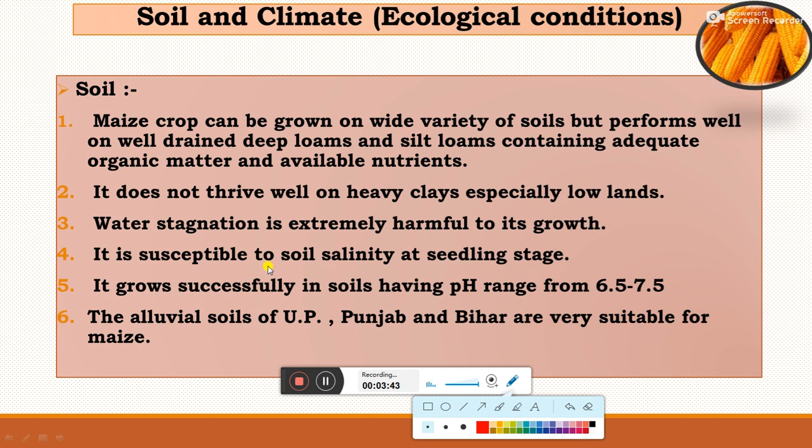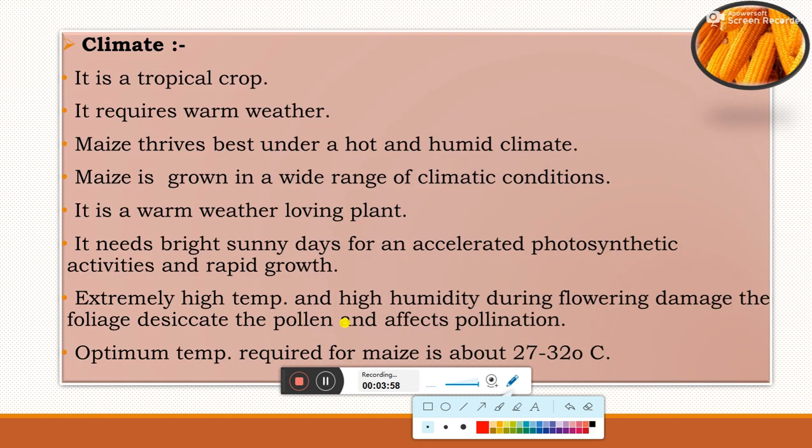It is susceptible to soil salinity at the seedling stage, and it grows successfully in soils having pH range from 6.5 to 7.5. The alluvial soils of UP, Punjab, as well as Bihar are very suitable for maize.